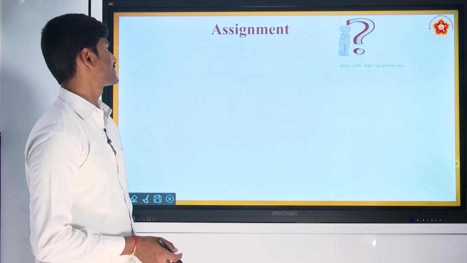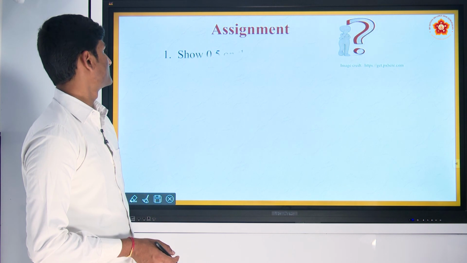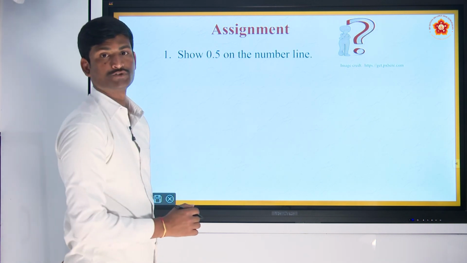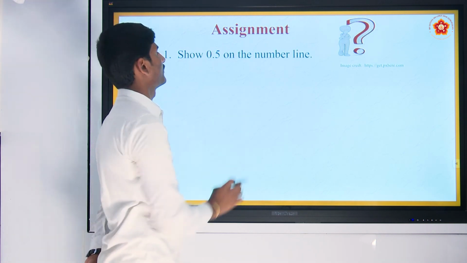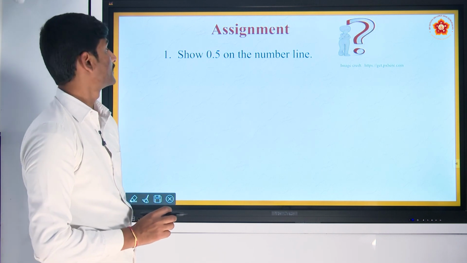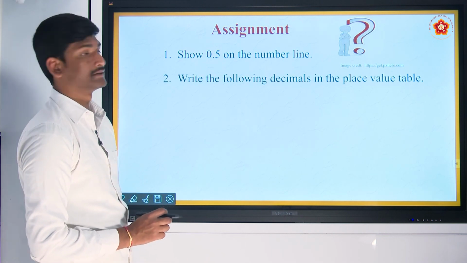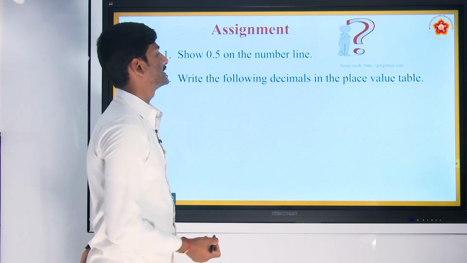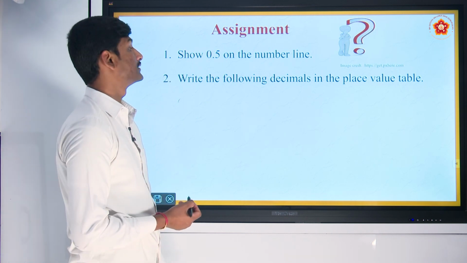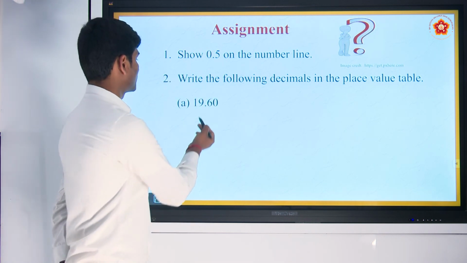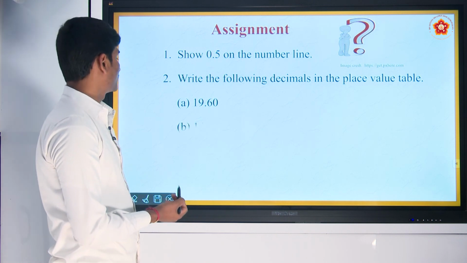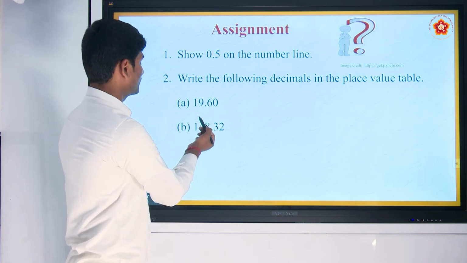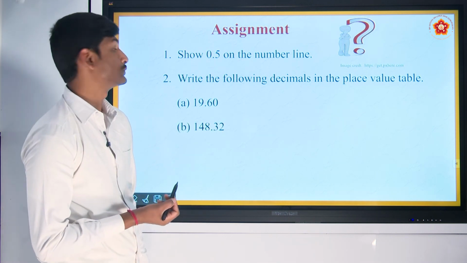There are some assignment questions given. See, first one, show 0.5 on a number line. Then write the following decimals in the place value table. First one 19.60, second one 148.32.